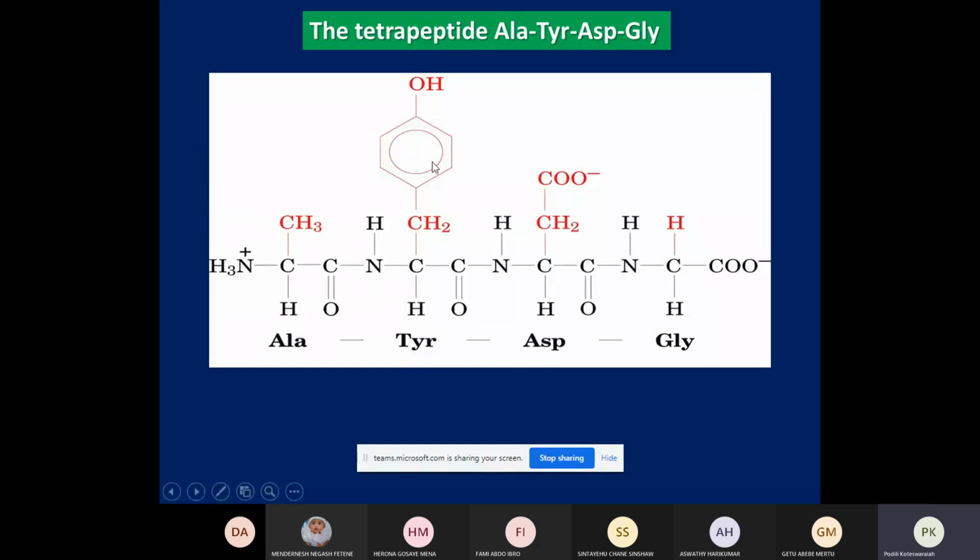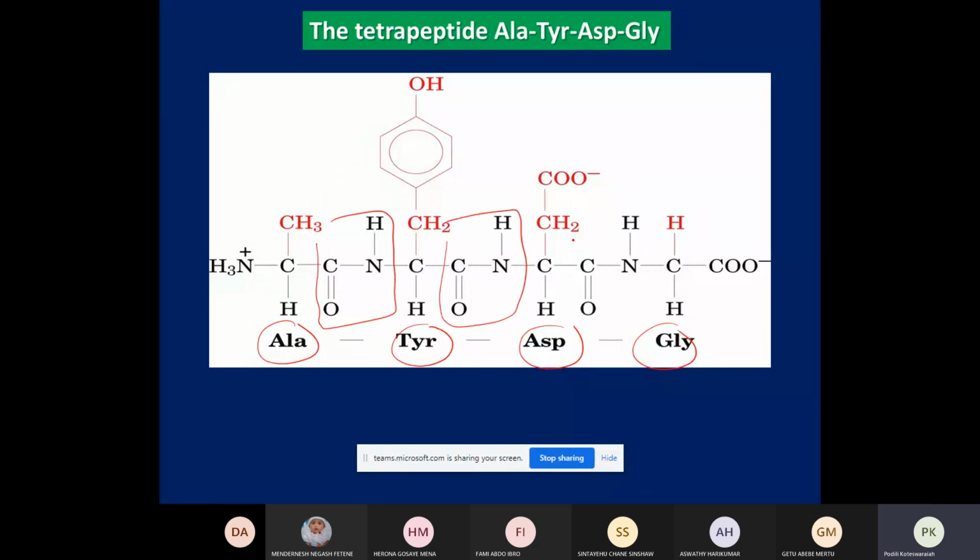So if the peptide has four amino acids, for example, this is one amino acid, this is tyrosine, aspartic acid and glycine, and if the four amino acids are connected, we would see three peptide bonds.